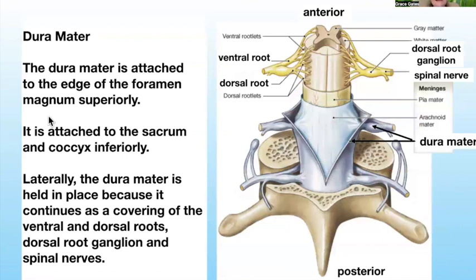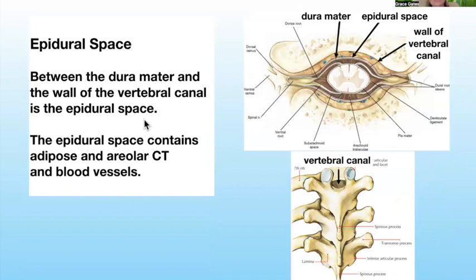The dura mater is attached to the edge of the foramen magnum superiorly. It's attached to the sacrum and coccyx inferiorly, and laterally the dura mater is held in place because it continues as a covering of the ventral and dorsal roots, dorsal root ganglia, and spinal nerves. Between the dura mater and the wall of the vertebral column is the epidural space.